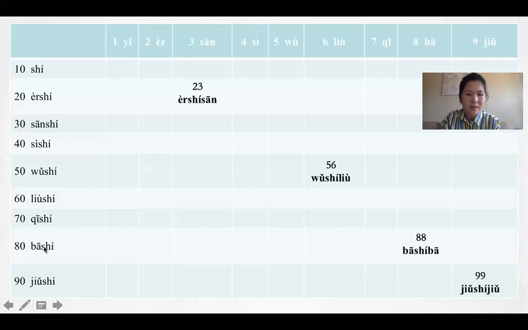And 82, right? So you just say the tens and then add 1 to 9. It's pretty easy, right? So this is 1 to 99. And what I want you to do after the class is memorize 1 to 10 very well. Then you can add to it, and you can remember 11 to 99 too, okay?